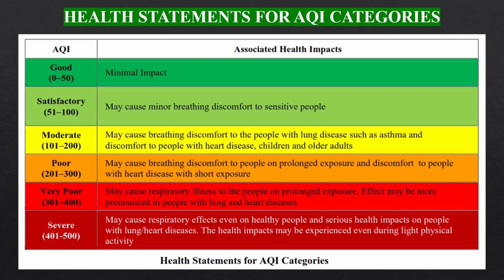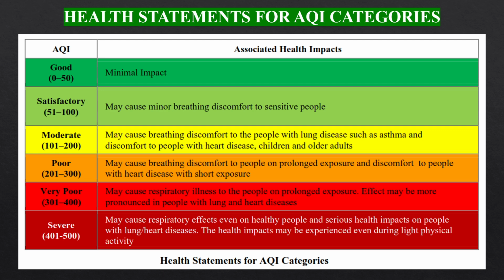This is the health statement for ambient air quality categories. Good, which is 0 to 50, has minimal impact. 51 to 100 is satisfactory, may cause minor breathing discomfort to sensitive people.